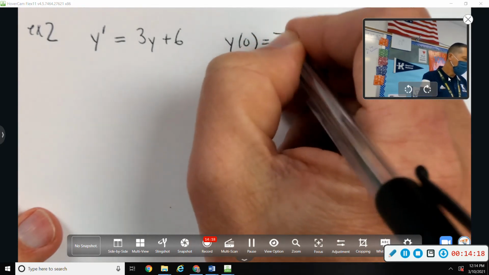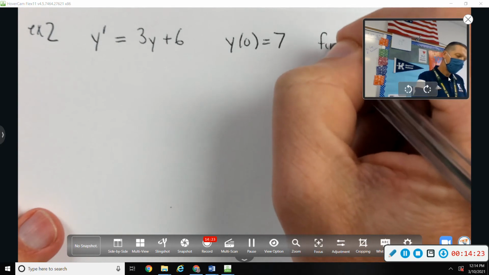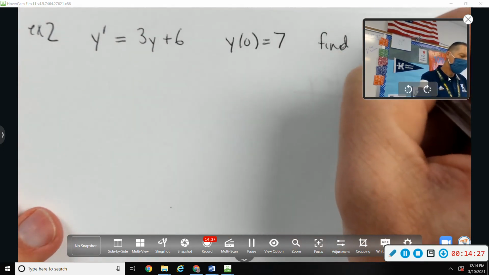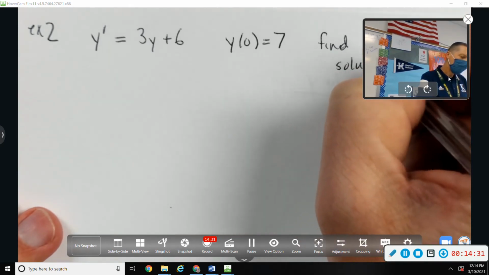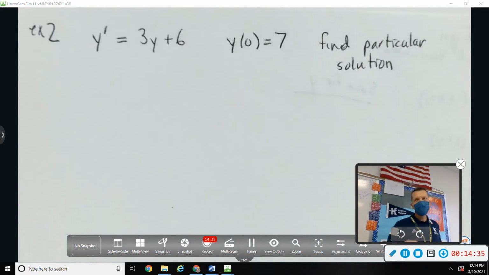Y of 0 equals 7. And the directions for this would be something like find the particular solution. So like use y of 0 equals 7 to find C, to know exactly what the answer is. So it adds a step on at the very end.